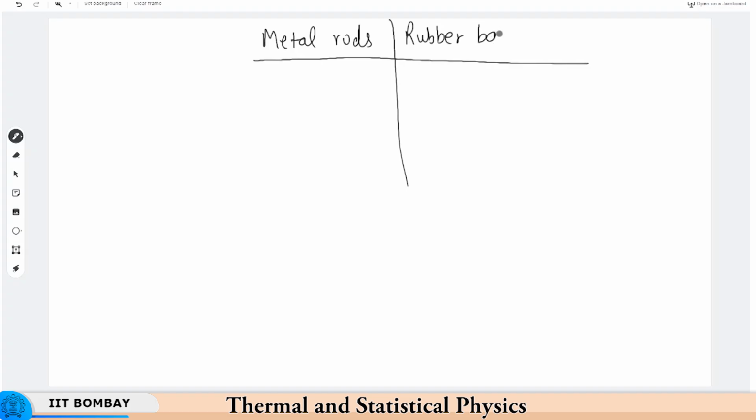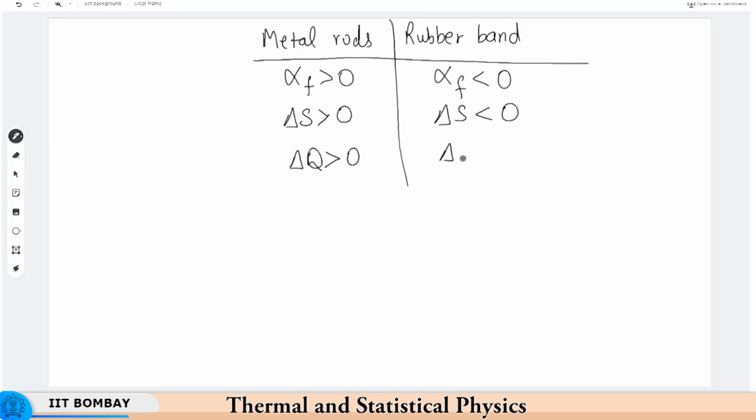Metal rods, and the second example we are considering is a rubber band. For metal rods alpha f is positive, whereas alpha f is negative for a rubber band, a polymer material. If delta L is positive, delta S will also be positive for the metal rod, and negative for the rubber band. Similarly, delta Q is positive and negative respectively.